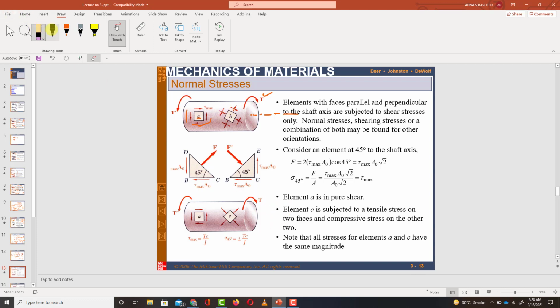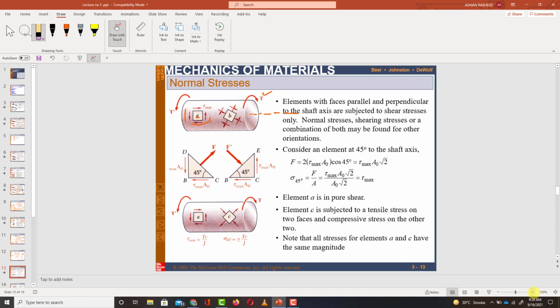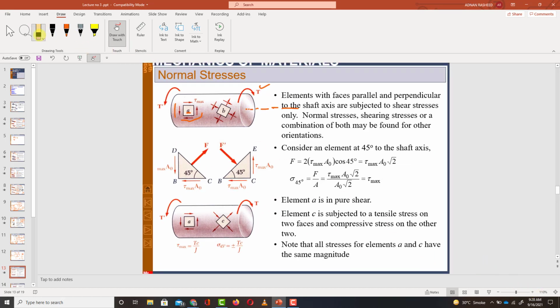So again, if you look at this portion and cut it like this or this, in any way, for example, if you cut it like this, this will be the portion BEC, and if you cut it like this, it will be the same.